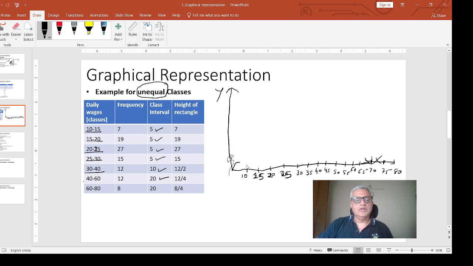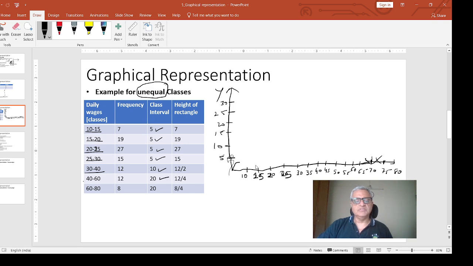Now, for the frequencies on the y-axis, I take 5, 10, 15, 20, 25, and 30.